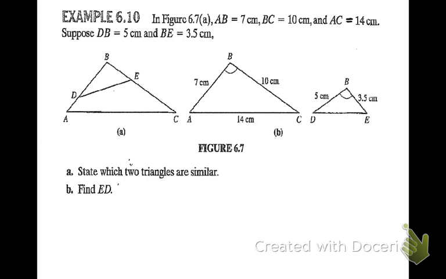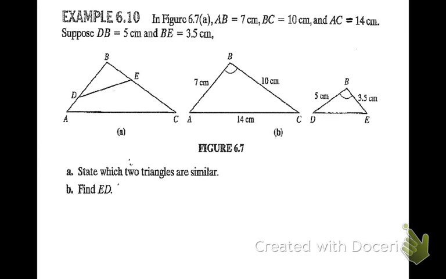Number 10, in the figure, AB is 7, BC is 10, AC is 14. If DB equals 5 and BE equals 3.5, we have to state which two triangles are similar and find ED.